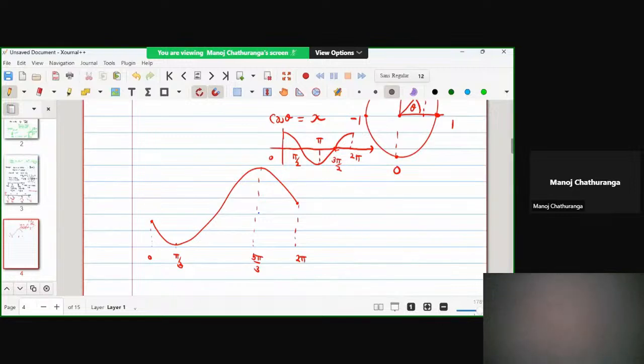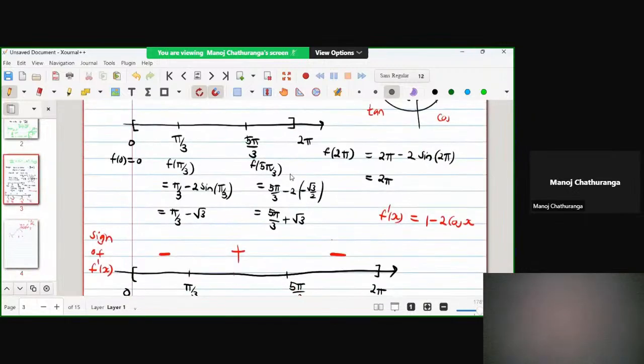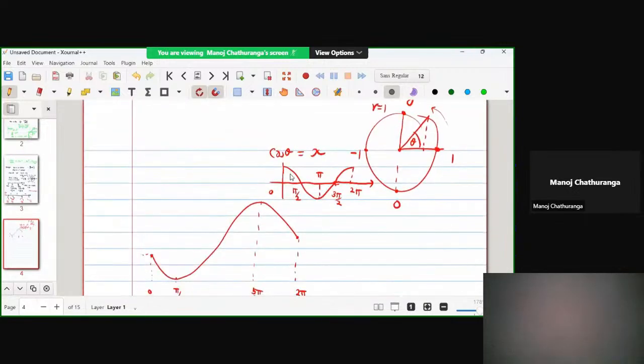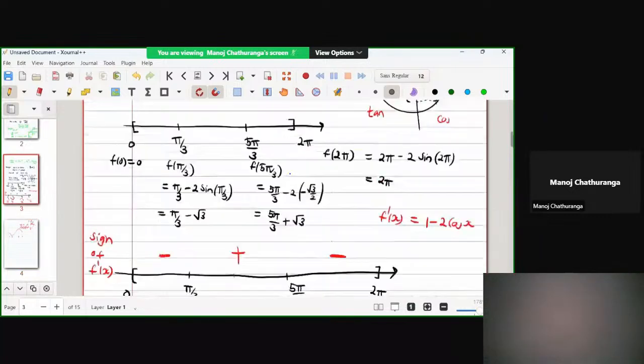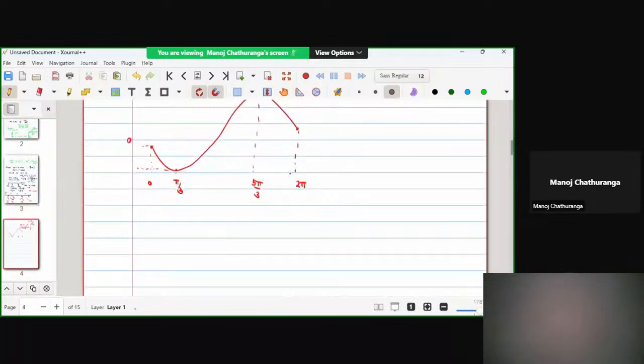We also computed the y coordinates. At 0, the y coordinate is 0. At this point, the y coordinate is something like pi by 3 minus square root 2.